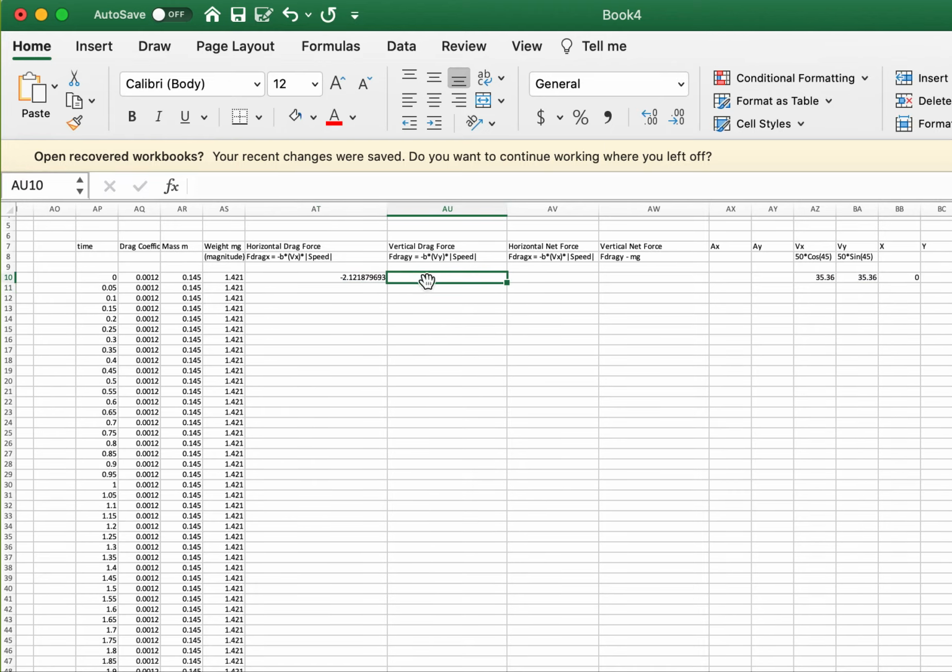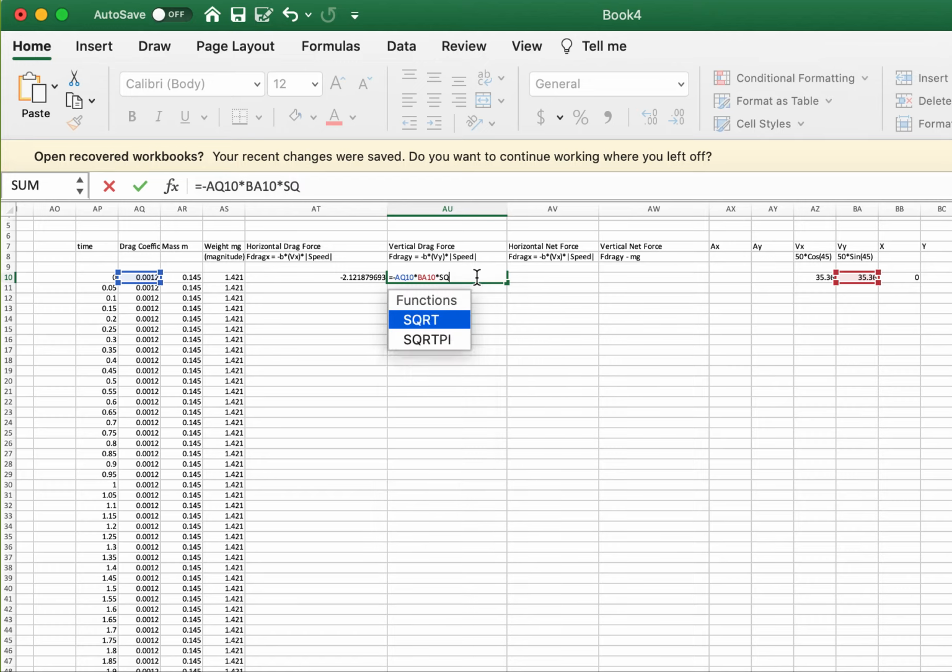Let's try it on this one here. So we'll get equals negative AQ10 times BA10, which is my vertical velocity component, and then we'll do times the speed, which is the square root of AZ10 squared plus BA10 squared.